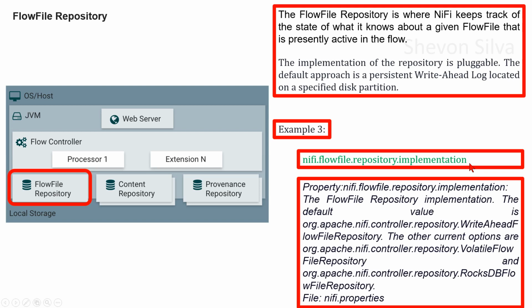The other current options are org.apache.nifi.controller.repository.VolatileFlowFileRepository and org.apache.nifi.controller.repository.RocksDBFlowFileRepository. This property is available in the nifi.properties file.